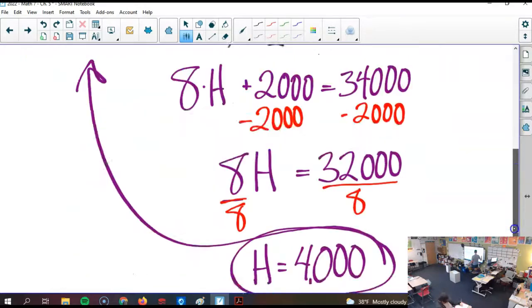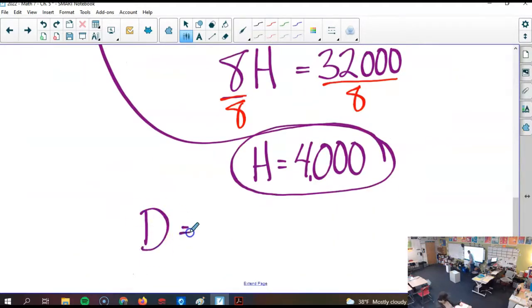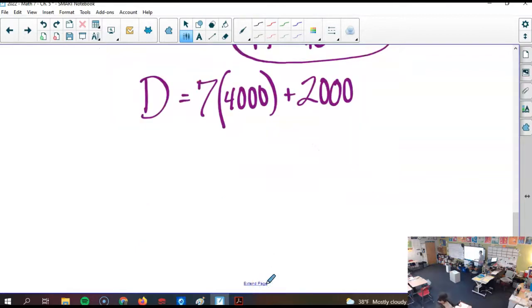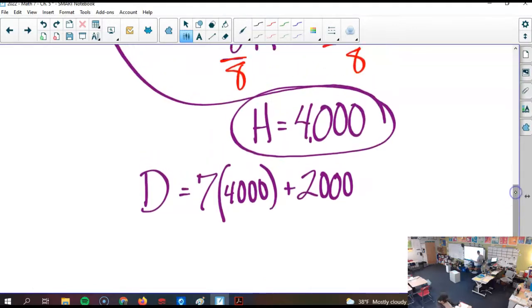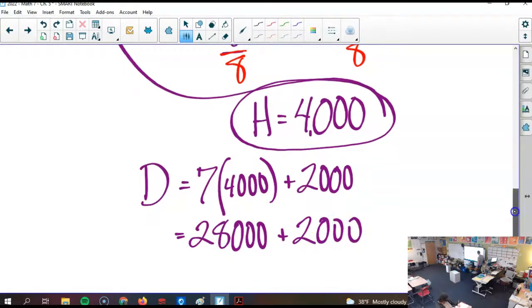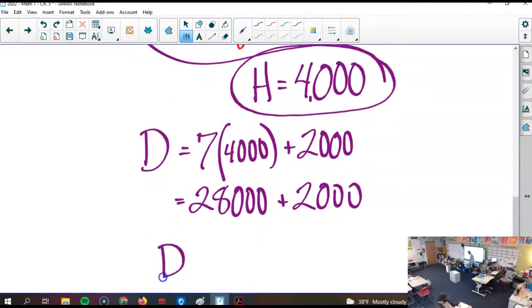I'm going to bring this work down here. D equaled 7 times 4,000 plus 2,000 more. What's 7 times 4? 7, 14, 21, 28. So this is going to be 28,000 plus 2,000. What is D going to equal? 30,000.